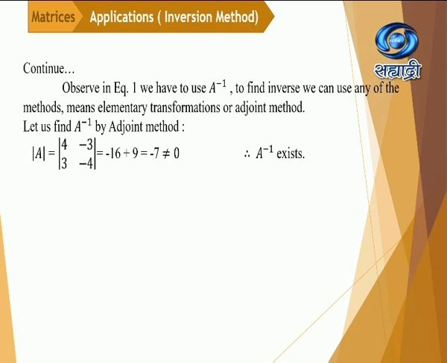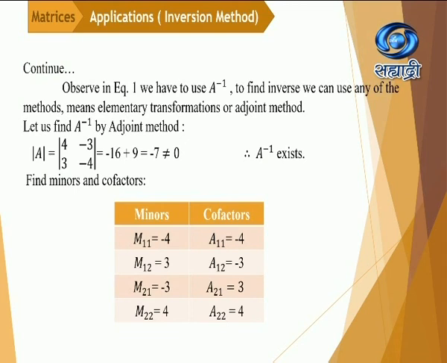So first of all, find determinant A. In this case, determinant A is -7, which is not equal to 0. Therefore, A inverse exists. Then find minors and cofactors. Here are the minors and cofactors of this matrix A, where minors are -4, 3, -3, 4, and related cofactors are -4, -3, 3, 4.